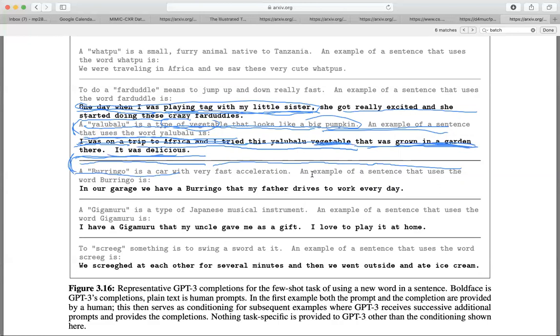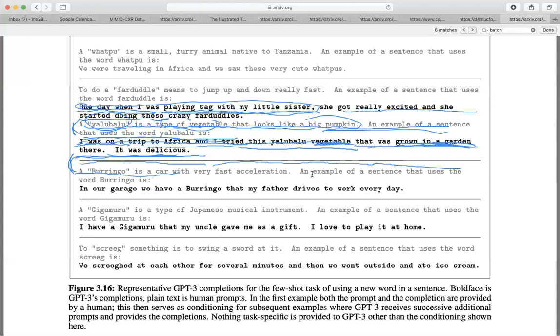It already understands that fact, and to me the most mind-blowing thing is that yalubalu somehow sounds like an African word, doesn't it? Yalubalu sounds like an African word to me, like vuvuzela or whatever.